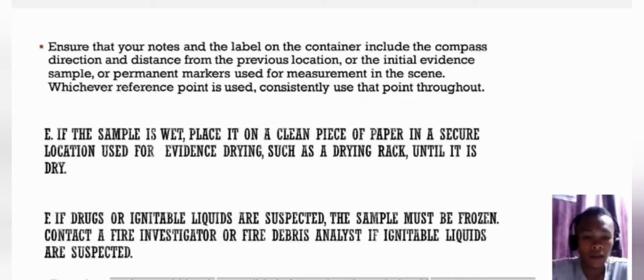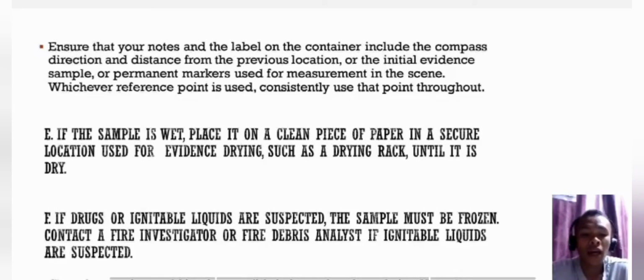Letter E. If the sample is wet, place it on a clean piece of paper in a secure location used for evidence drying, such as a drying rack, until it is dry. So if ever we collect wet evidence, we need to place it on a clean piece of paper in the secure location used for evidence drying.